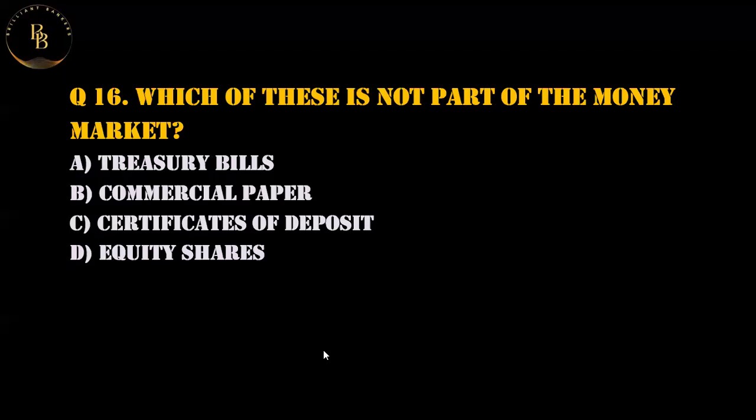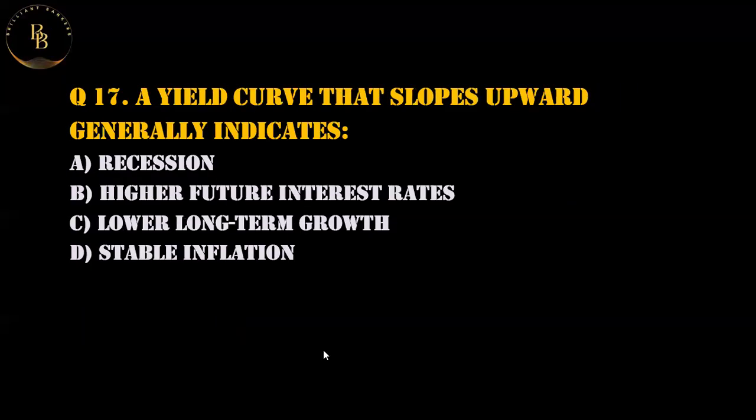And the answer is equity shares, because shares belong to the capital market. Treasury bills, commercial paper, and certificates of deposit belong to the money market, and equity shares belong to the capital market.